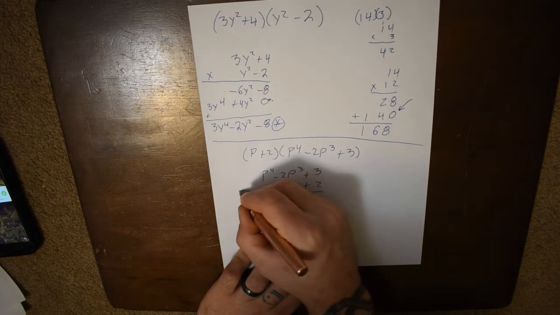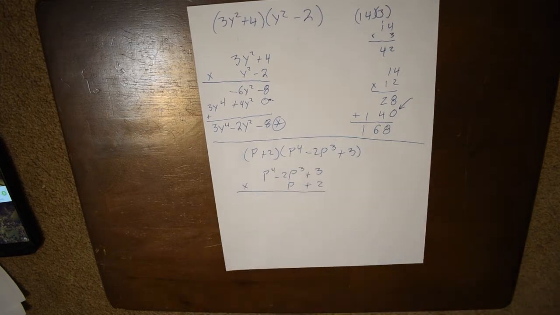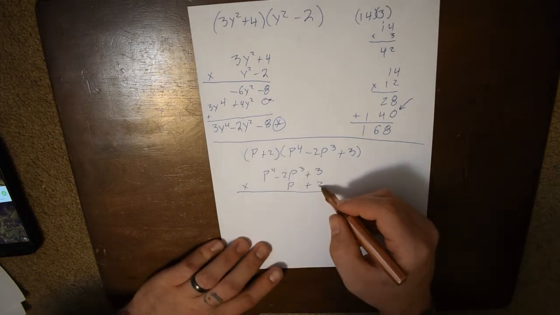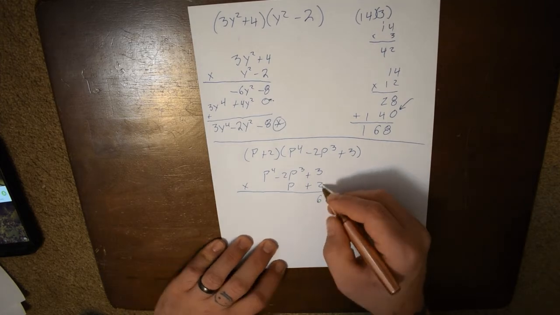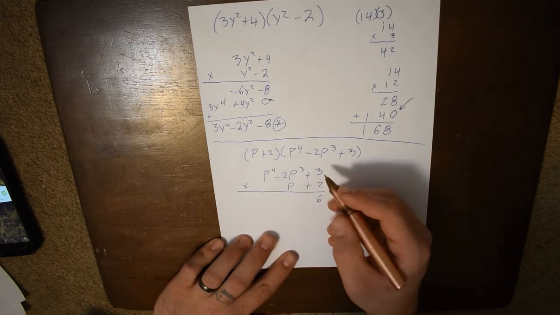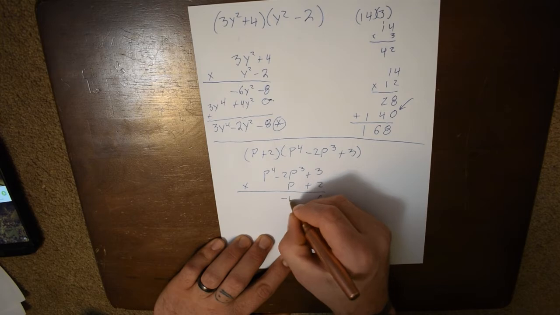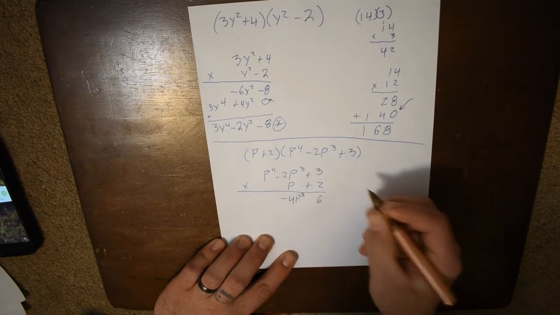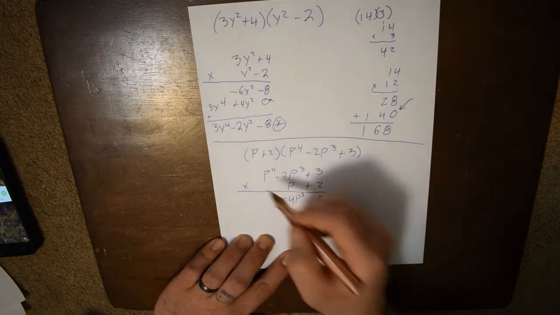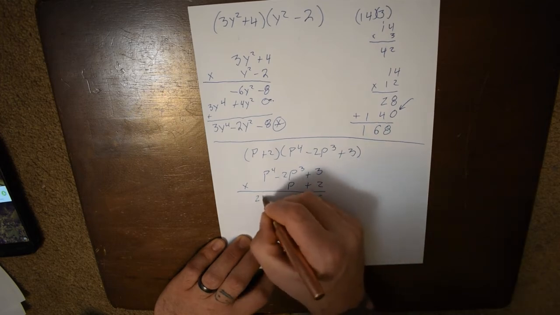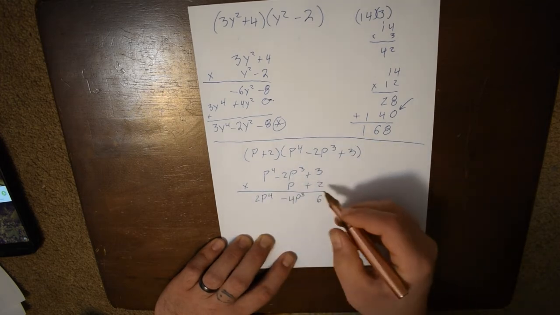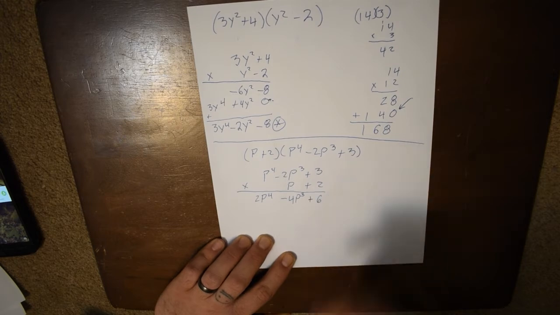And we'll draw our line. So we multiply 2 times 3 to give us 6. 2 times negative 2p cubed to give us a negative 4p cubed. And then 2 times p to the fourth gave us a 2p to the fourth. 2 times 3 gave us a positive 6.